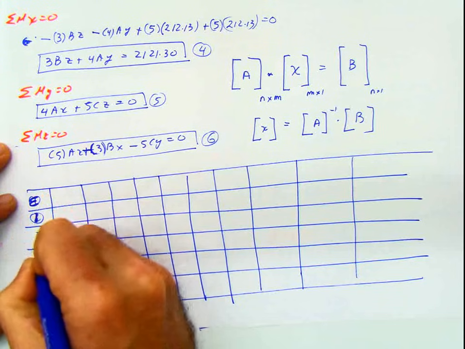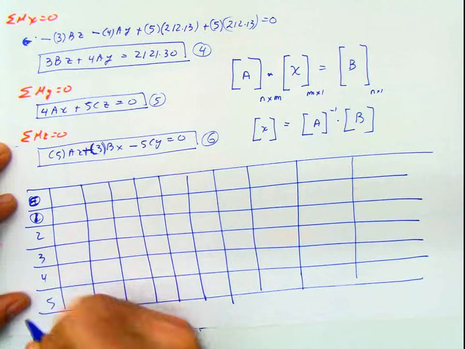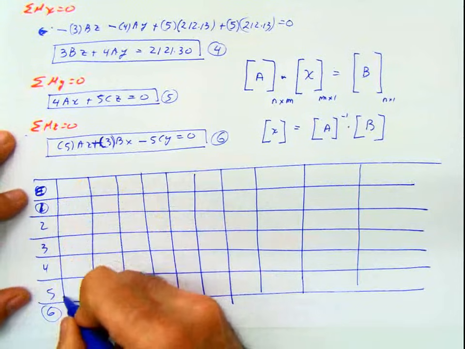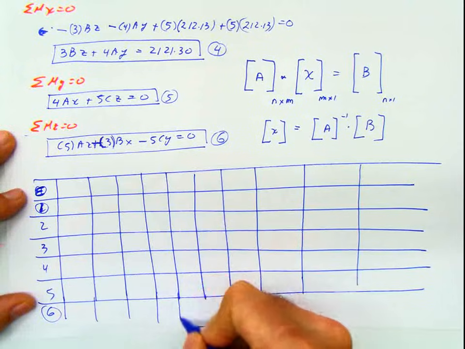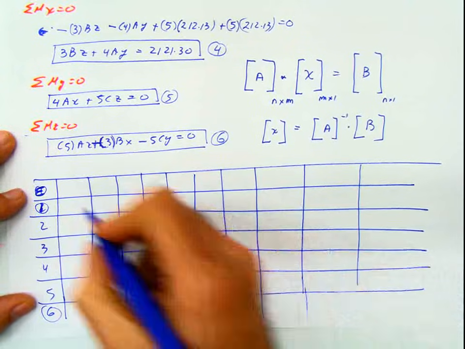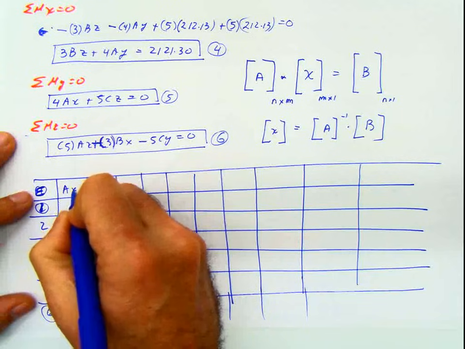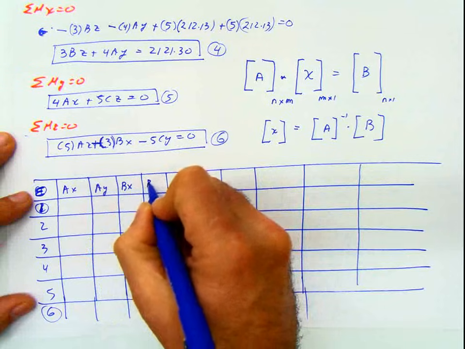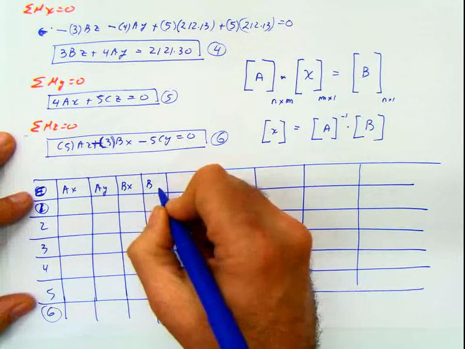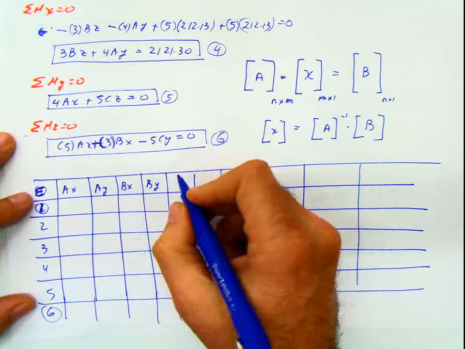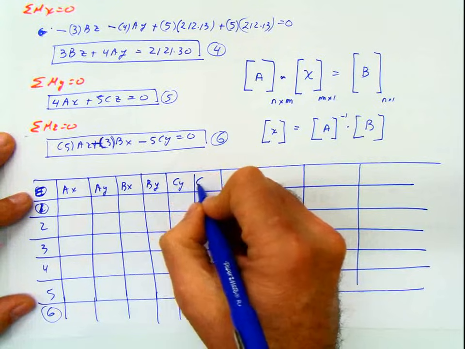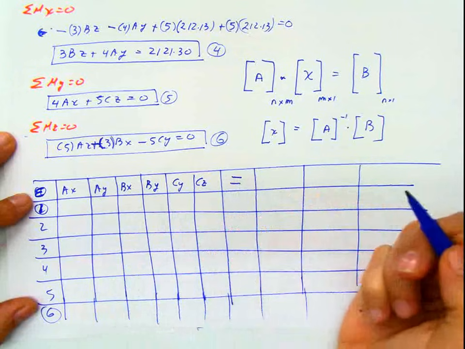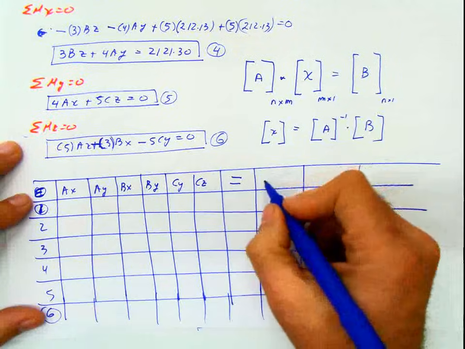This is 1, 2, 3, 4, 5, and 6. My 6 equations. These are going to be my variables, or rather my coefficients for each one of them: AX, AY, BX, BY, CY, and CZ, because those are my reactions. This is going to be equal to, and here's going to be the independent term.